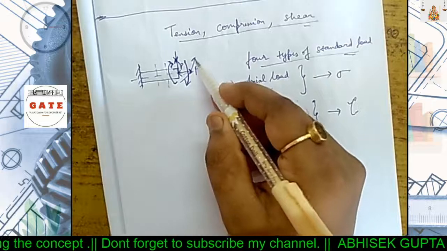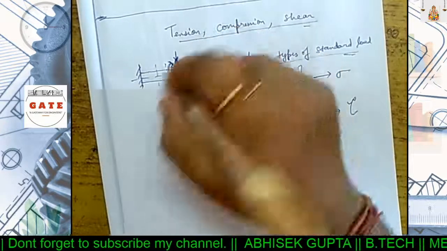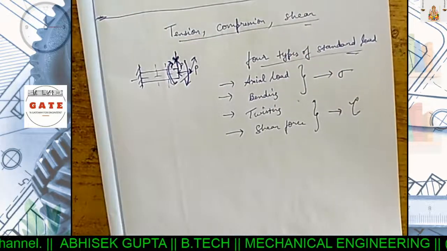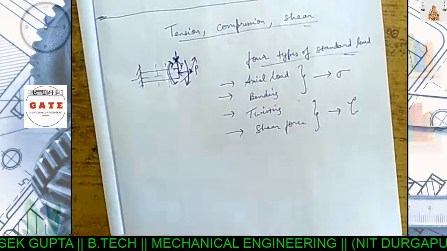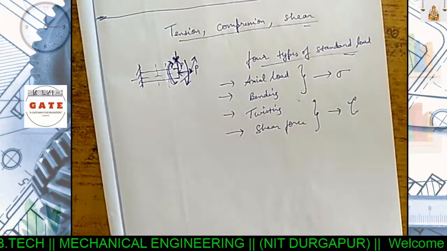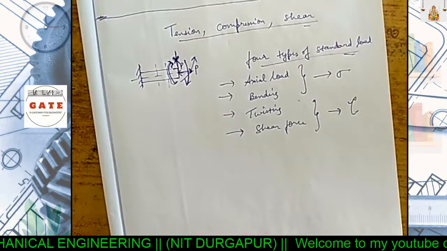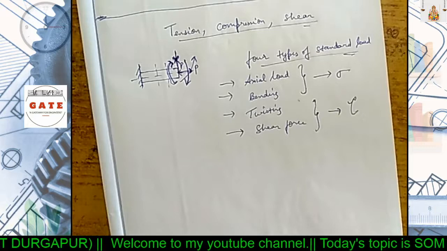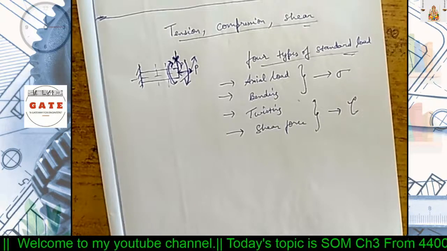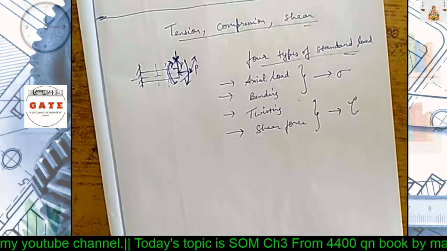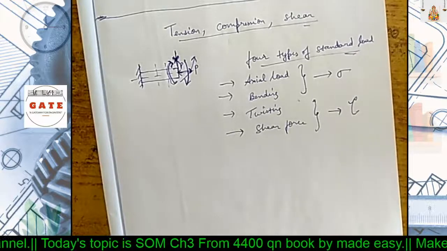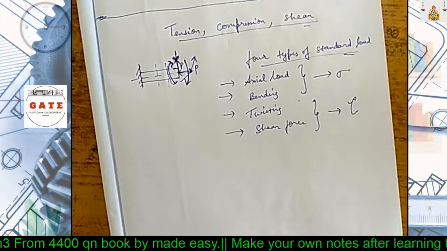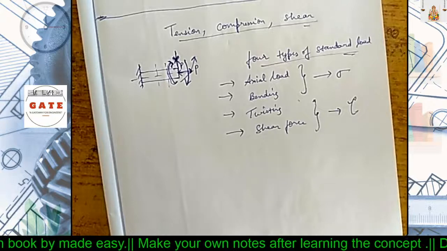When we act a load in this way, shear will take place, and when we act a load like this, then axial load, either tension or compression, will take place. All this load can be divided into tension or compression, means one is towards and one is away. So these are basically the four forces of which we must have complete understanding before solving the numericals.